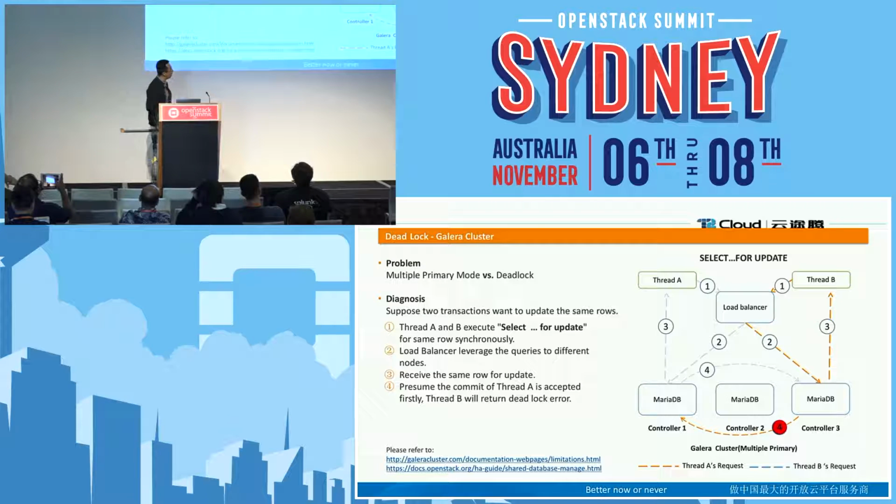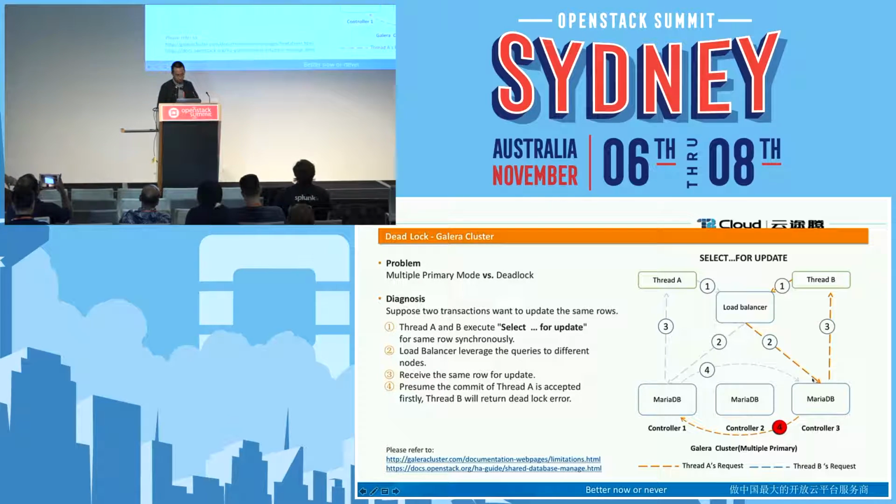In this picture, we can see that two threads want to update the same row simultaneously. As it happened, the load balancer leveraged two requests to different nodes, which return the same row for update.